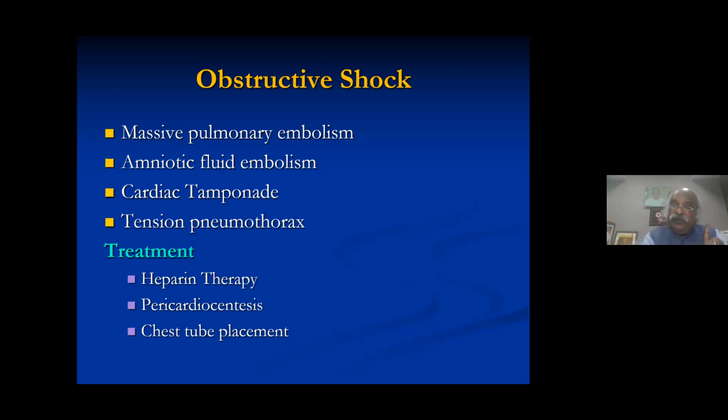So prevention is important. If there are mild symptoms, you start therapy with thrombolysis. If it is a massive pulmonary embolism, you have to go for the more drastic, experienced help of the interventional radiologist and do a thrombectomy.